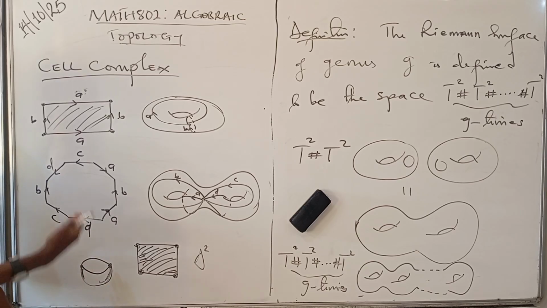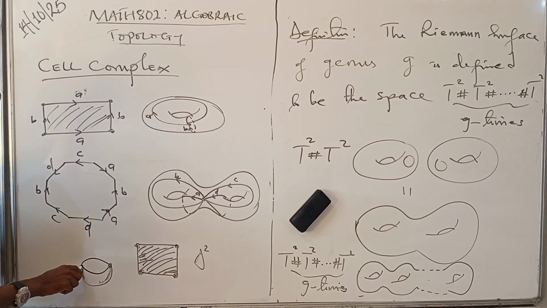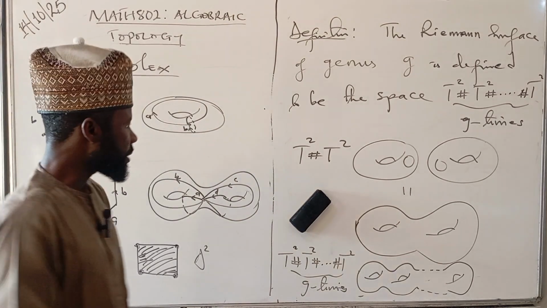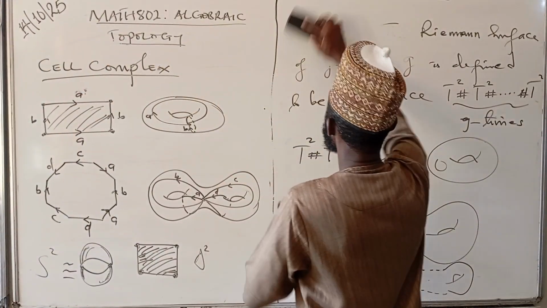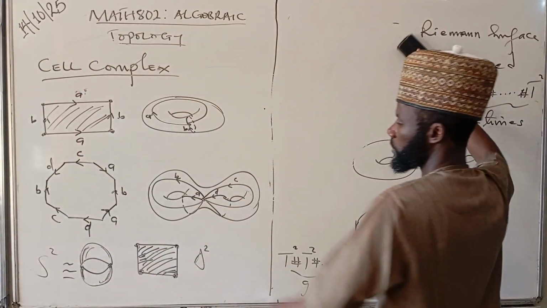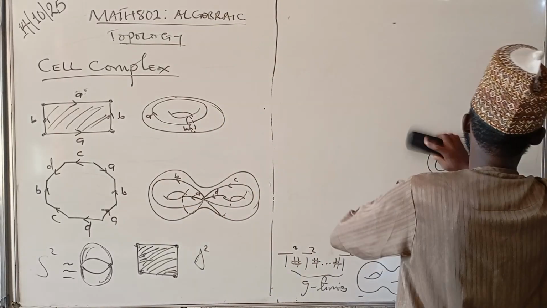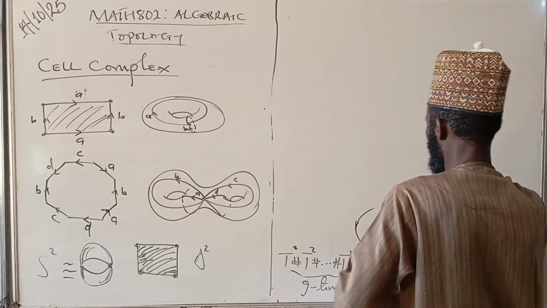So it's like you have a hemisphere, and then you attach another open disk at the top to close the top, and this will be a sphere. What you get is isomorphic to a sphere. I hope it's okay. So formally, spaces that can be built up like this are what we call cell complexes.